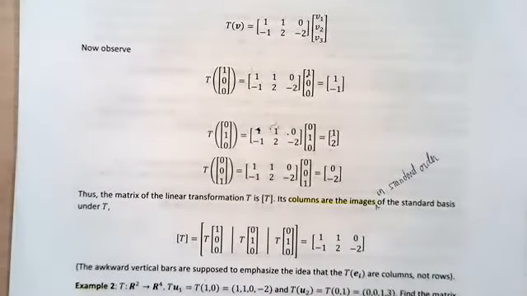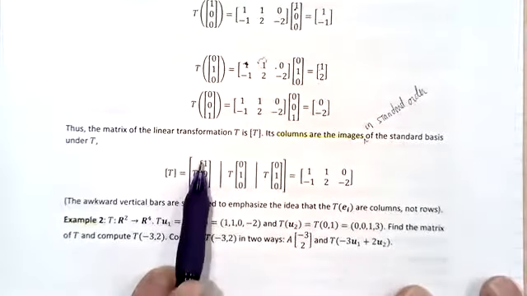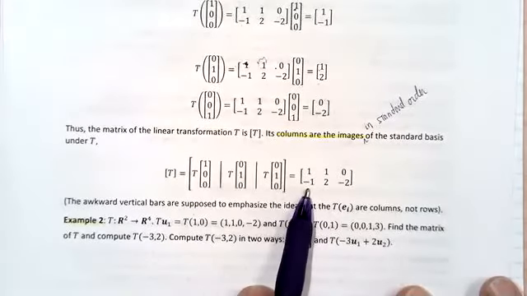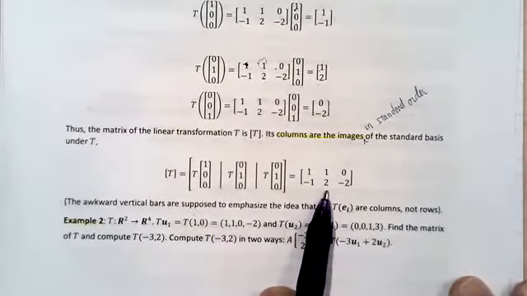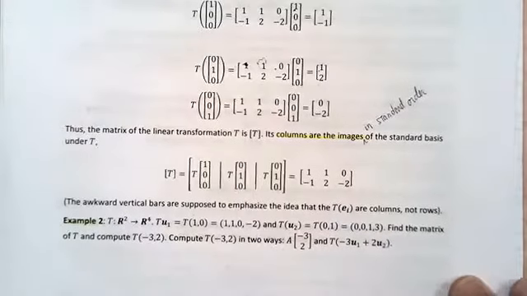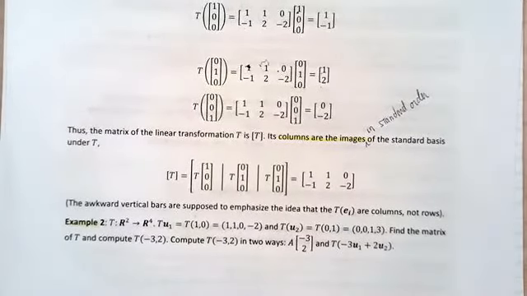If you know how a linear transformation behaves on a basis of the vector space, then you can immediately write down its matrix representation. So if I know that T maps E1 into 1, minus 1, it maps E2 into 1, 2, and it maps, there is an error here.